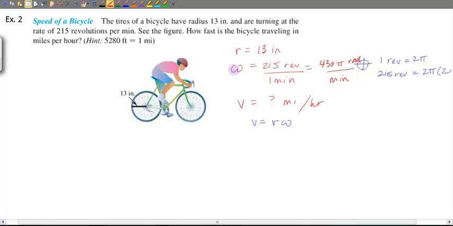So we've changed the angular speed from revolutions per minute into radians per minute, and I can now apply it using the formula down here. So if I know that velocity is the radius, which is 13 inches, times the angular speed of 430 pi radians per minute.